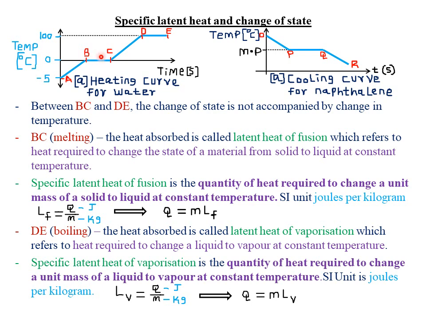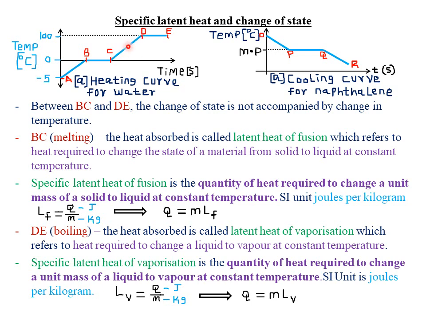So between point B and C, heat is absorbed and used in the process of converting the solid ice into liquid water. The heat that is absorbed between B and C is what we call the latent heat of fusion. Then if you continue heating water between point C and point D, the water exists in liquid form.